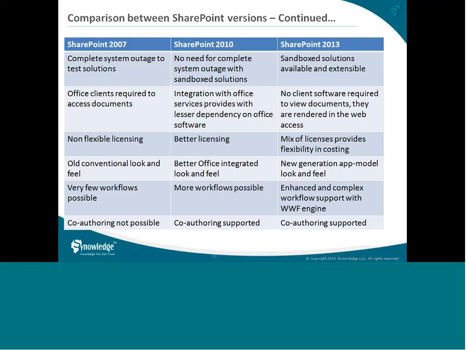And again, because of the version changes, the look and feel has got so much better, and all the workflow details that I showed you are much more advanced in 2010 and 2013, which are the later versions. And there is a very interesting feature which they have introduced towards the later stages, which is the last point that I want to bring up, called co-authoring. I don't know if you have had some experience of this yet, but many times people would be accessing the same document at the same time from different geographies and running into each other.